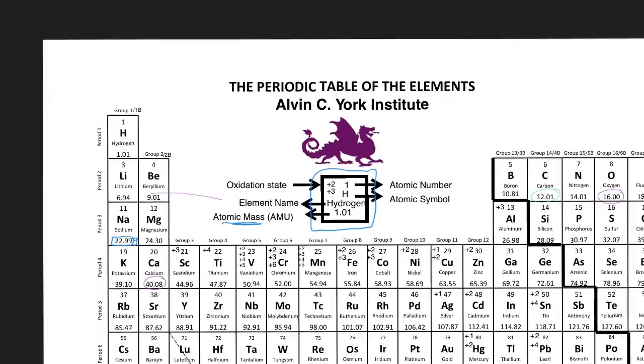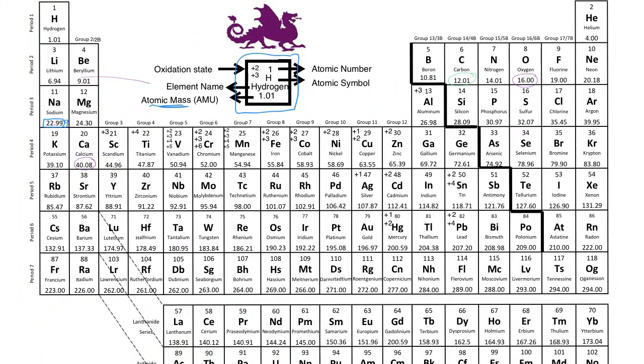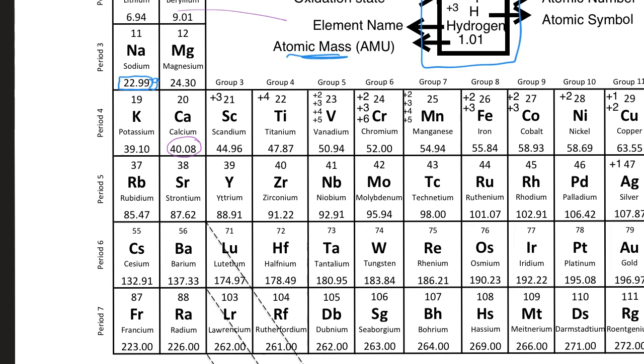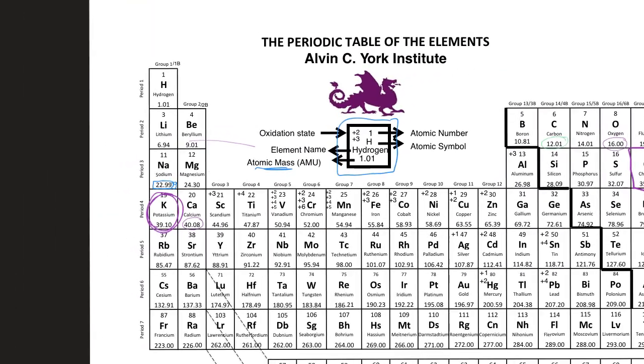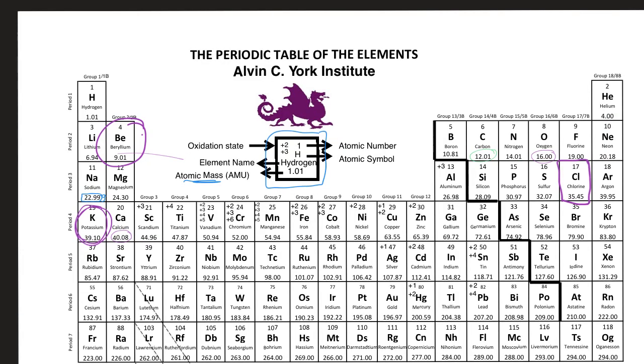Make this little so I can see it easily. Chlorine is right here, 35.5 is right here, and it's 39.10. Beryllium, there it is. It's a little one, 9.01. Right there, 24.30.